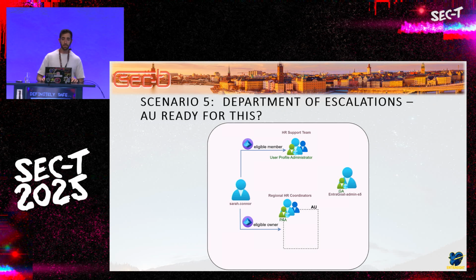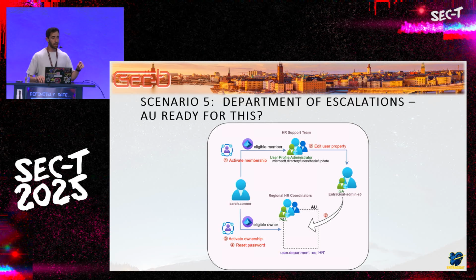But in addition to that, she's also an eligible member in the HR support team, which has the user profile administrator role. And by the way, this is not a built-in role, it's a custom role. That role enables you to edit any user property you want inside the tenant.